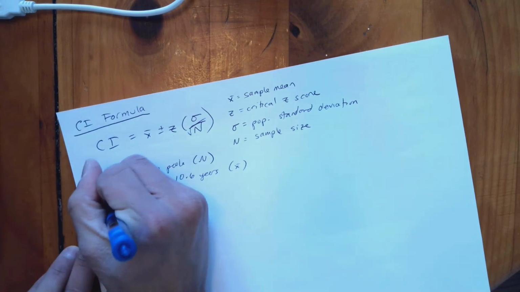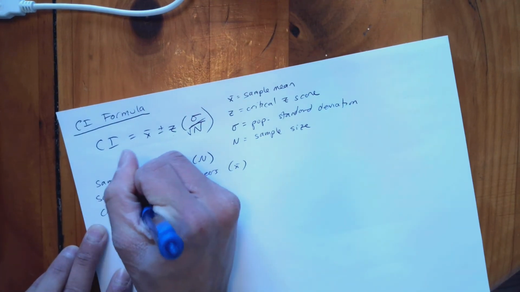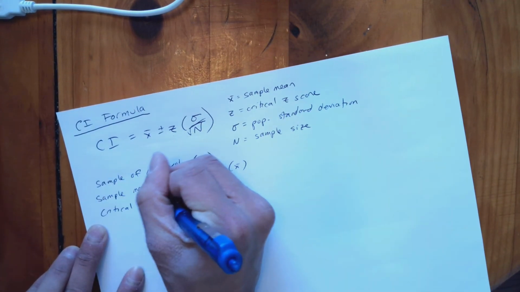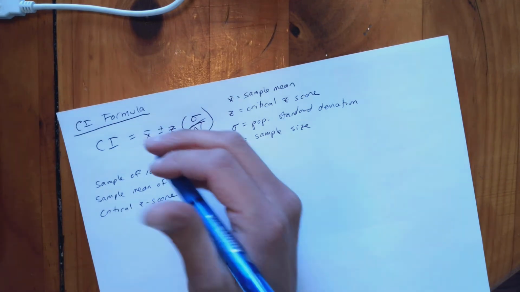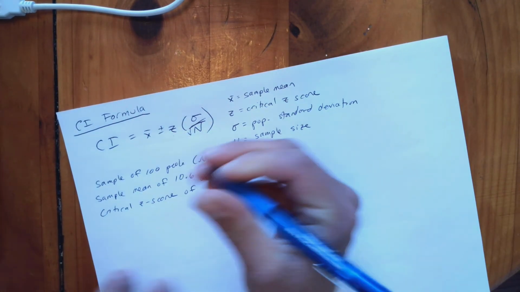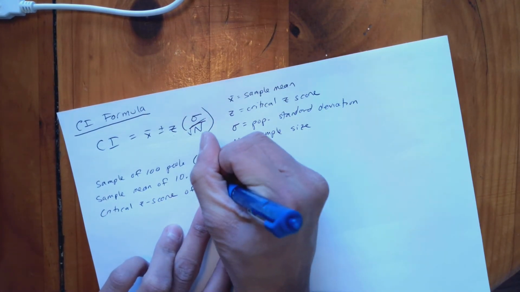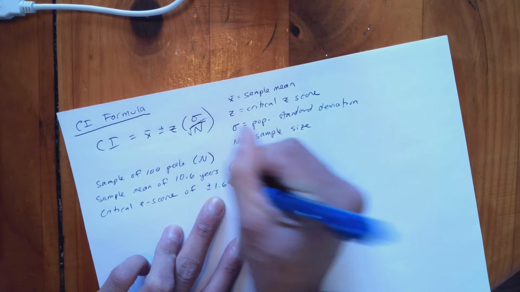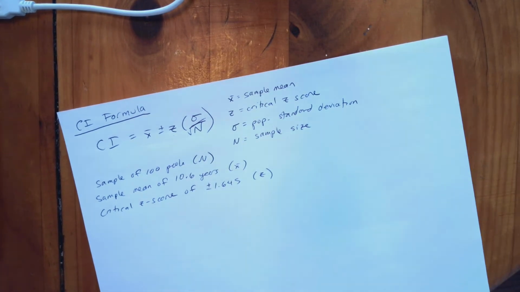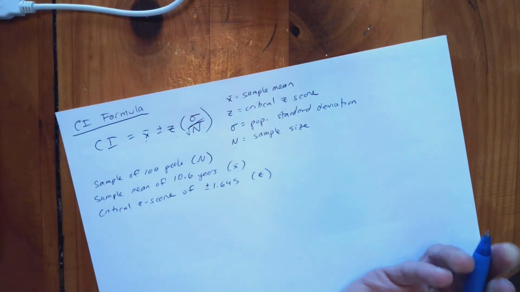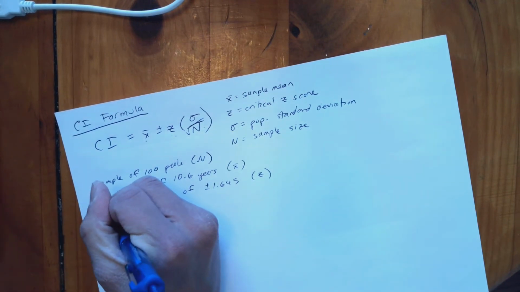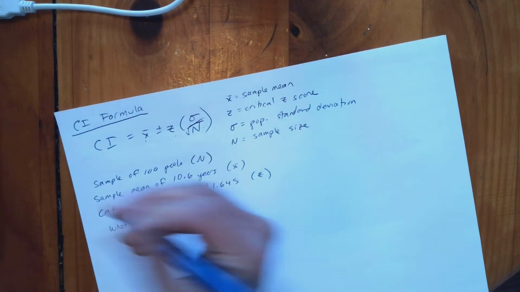We have a critical z of plus or minus 1.645. So that's z in this equation. Alright, so we have x bar, we have z, and we have n. But what about the population standard deviation?